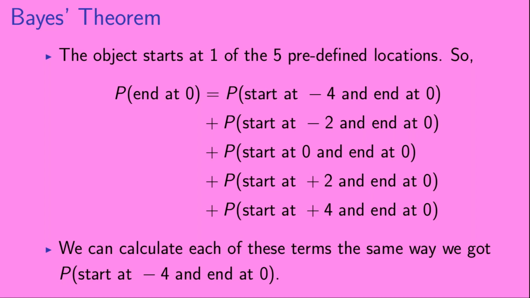We can calculate each of these terms in the same way that we got the probability that the object starts at -4 and ends at 0.